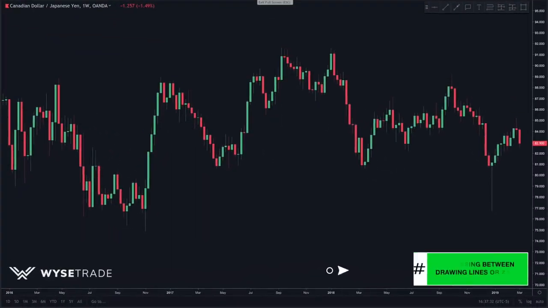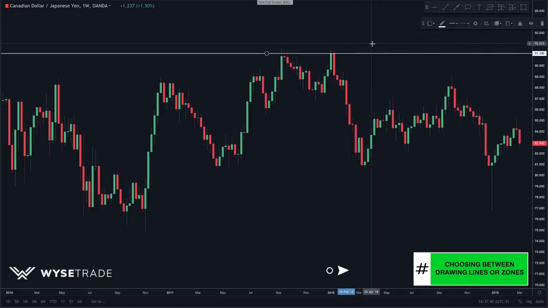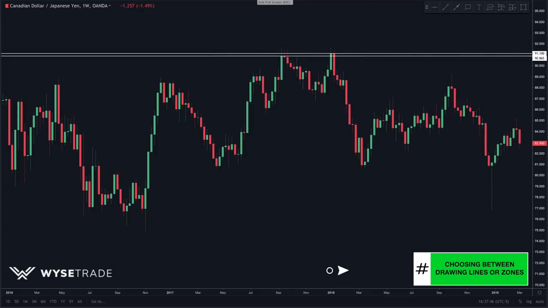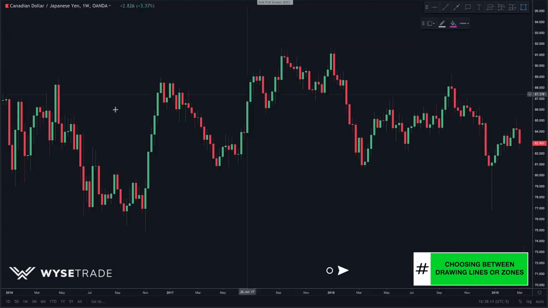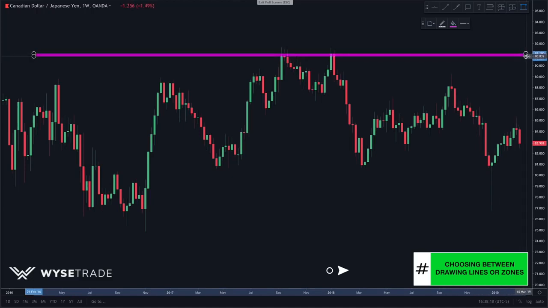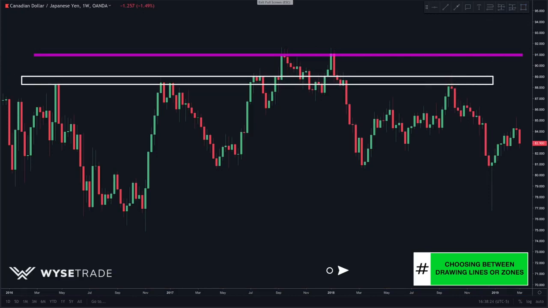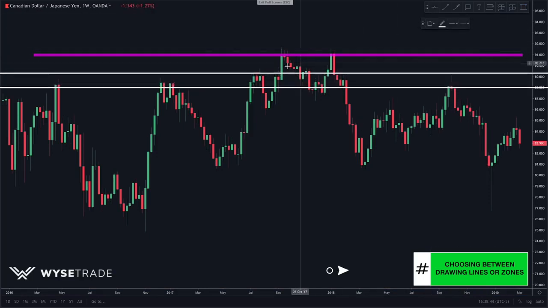Here's the CAD Yen. We had a swing high level up top here, and you can draw in 2 lines to accommodate for the candle closes. Again, we prefer drawing zones, so we would do it like this. Moving on down, you have this next level here, and again, you draw in lines like this.